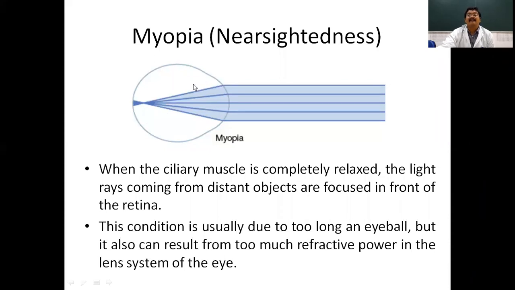Here the lens system is stronger, but we don't have a system in our eye that can decrease the refractive power of the eye. That is why you cannot focus on the distant object. This condition is usually due to a long eyeball or an increase in the refractive power. In old age, an increase in the refractive index of the lens, as in nuclear sclerosis, also produces myopia, which is called second sightedness.